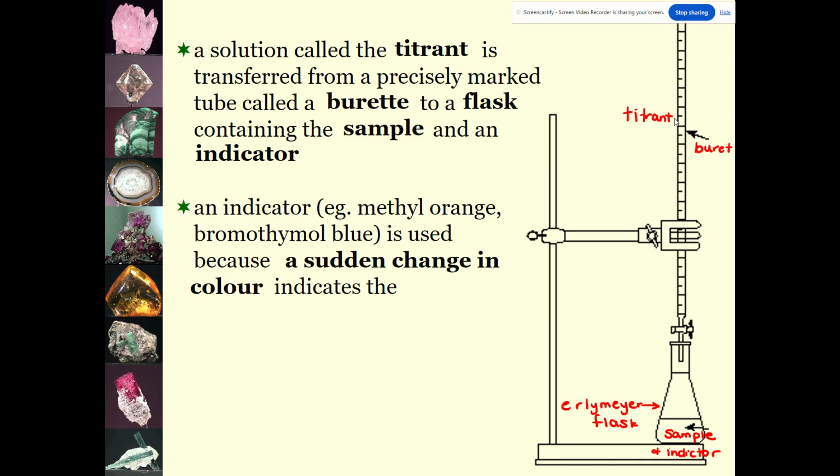We're actually also in this video going to talk about how to select which indicator you should use for your titration. But that indicator is there because when it turns color, you have reached the completion of the reaction, also known as the end point, okay? So a sudden change in color lets you know you have reached the end point, the completion of the reaction.